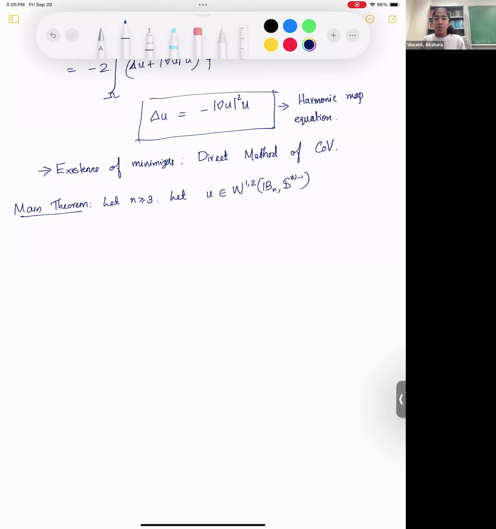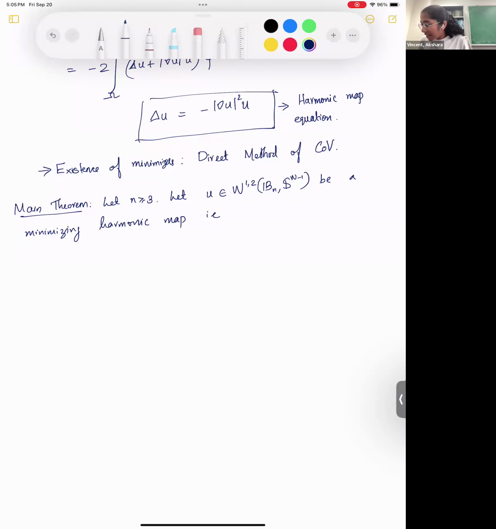So B^n represents the unit ball in R^n and S^{n-1} is the unit sphere in R^n. Be a minimizing harmonic map.